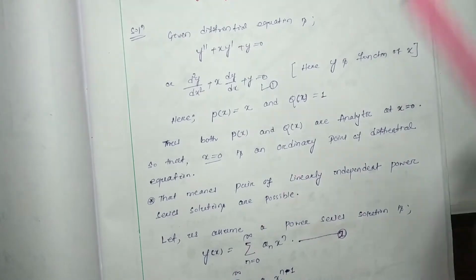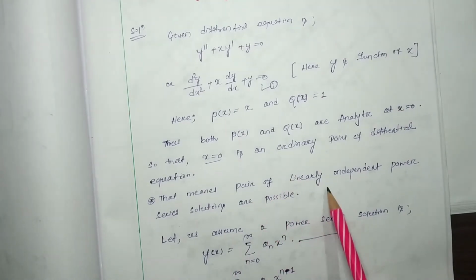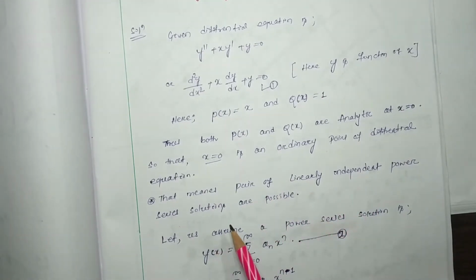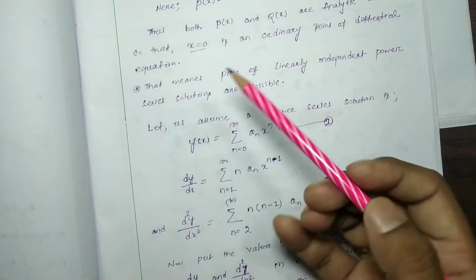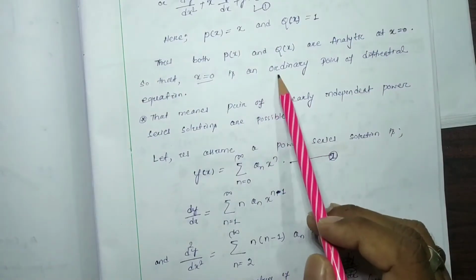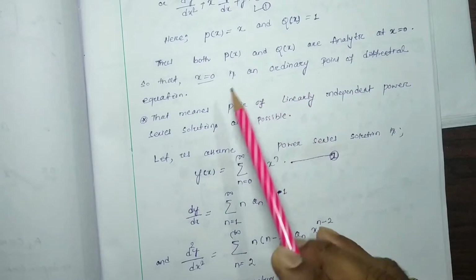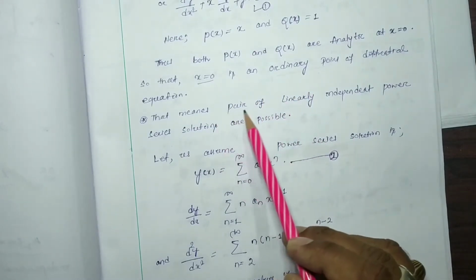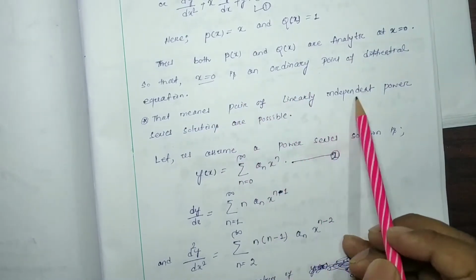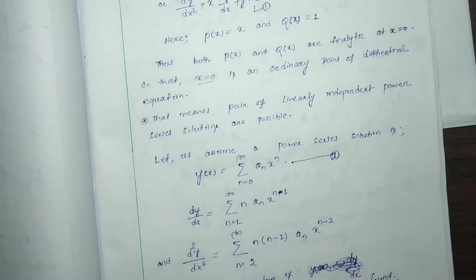That means a pair of linearly independent power series solutions we are going to get at the end. So if there is an ordinary point, we get two linearly independent power series solutions.